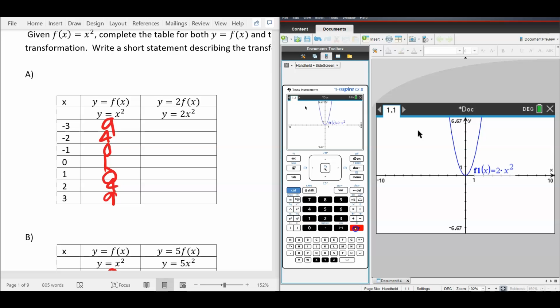Let's see if we do this right first. Okay, so far so good. Now try the next two, D and E. Flip it over. D and E. Okay, Control T for the table.